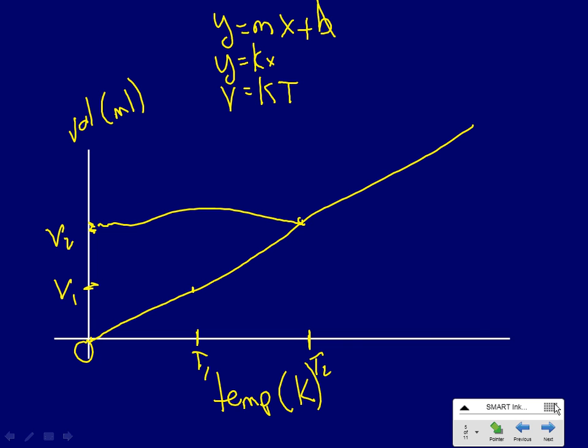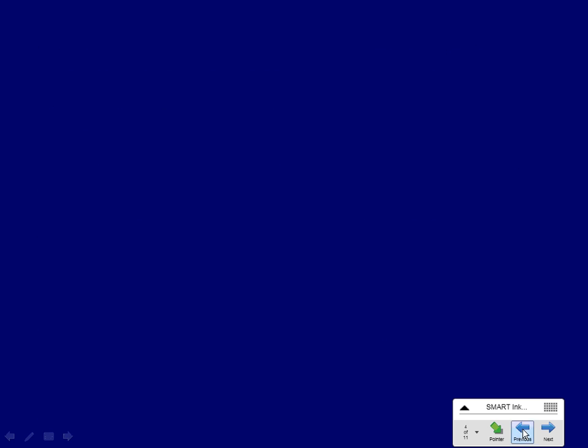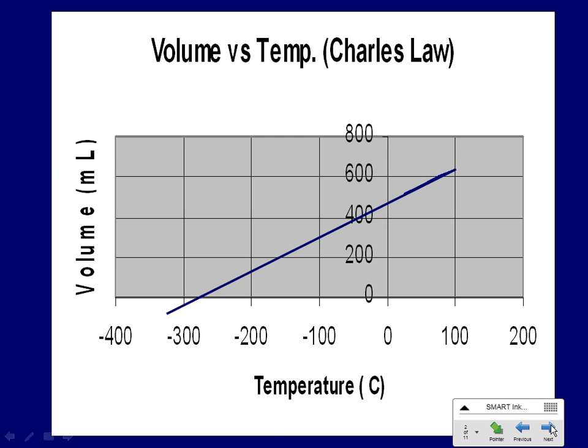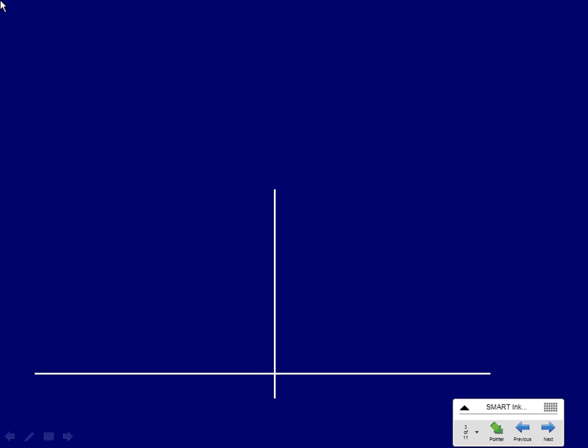If I go back to this other graph, and again, you don't have to write any of this, which I removed all of the writing from because remember the writing failed, so I'll put it over here. Here's my line. There's my negative 273. This is degrees Celsius. I make the line go like this. And here I have, say, 10 degrees Celsius, so I move that up to that point. There's my V1 at 10 degrees Celsius. And let's say I double that to 20 degrees Celsius, right?